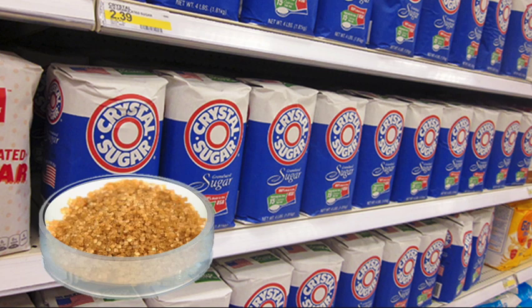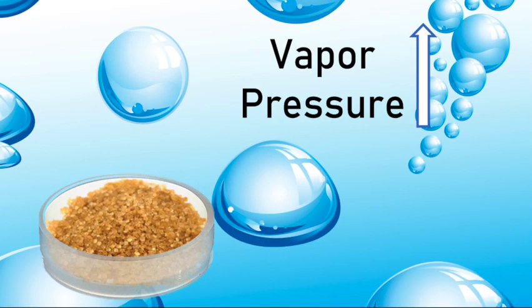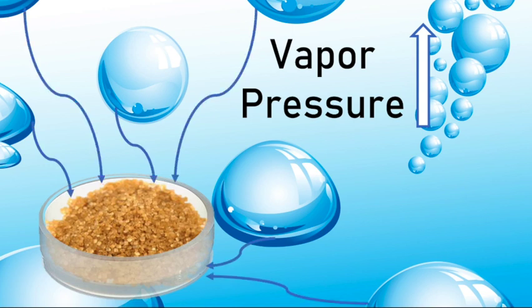When this is the case, the relative humidity of the sugar's environment changes, meaning that the sugar is no longer in equilibrium with that environment. This is where vapor pressure and driving force come into play. The driving force of the vapor pressure that is present is what drives the moisture into the sugar. Depending on the difference in vapor pressure between different atmospheres, the driving force will either be small or very great.